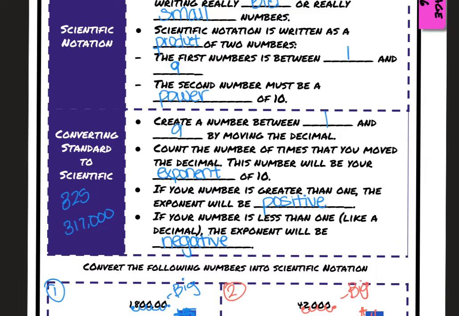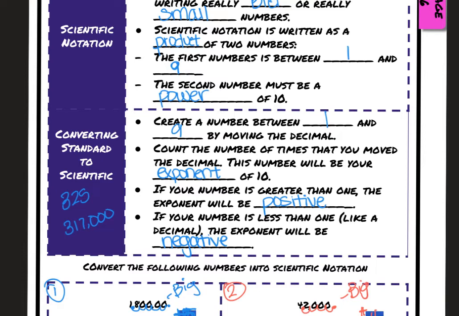Now let's look at example 3. This is a small number, so I know that my exponent is going to be negative. Okay? They gave me my first decimal, and I am going to put my second decimal after the first not 0.